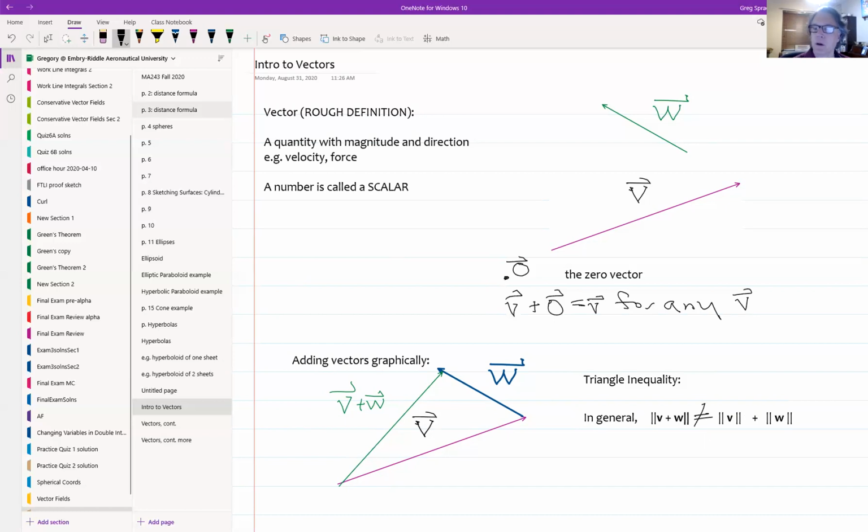All right. So in general, the length of v plus w is not equal to the length of v plus the length of w, because that equation is almost always false. But something weaker than that is true.